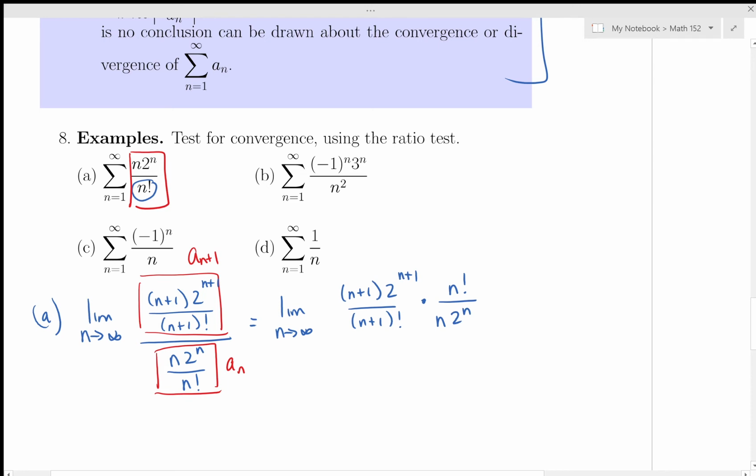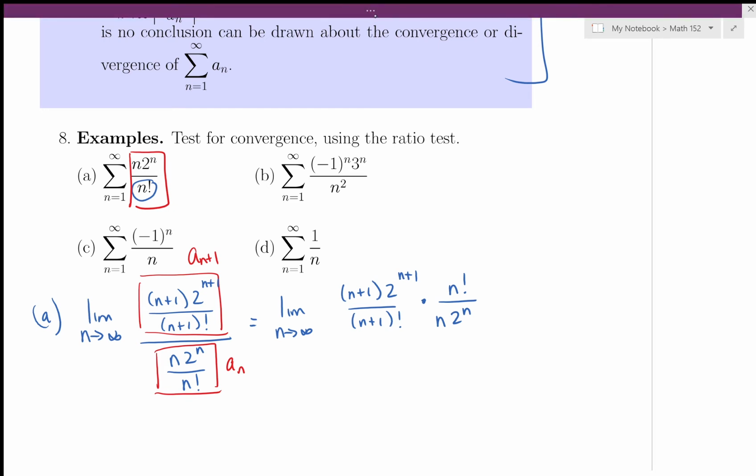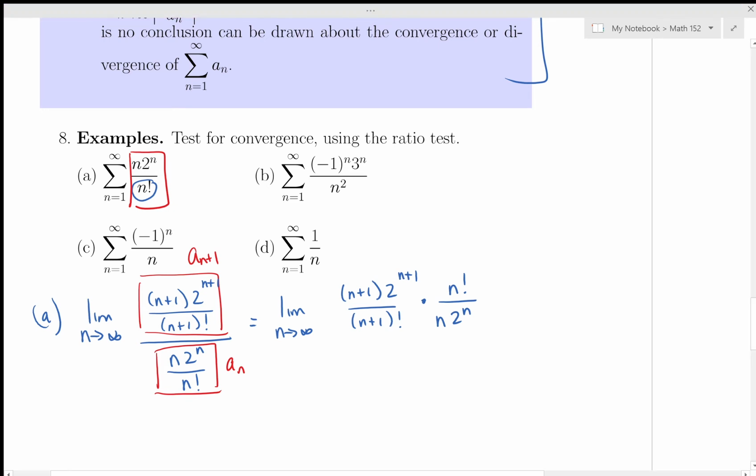Okay, now let's see, what can I do here? Here's the kind of thing you want to observe on these things. If I take n plus 1 and I multiply it by n factorial, what is that? Well, n factorial is n times n minus 1 all the way down to 1.